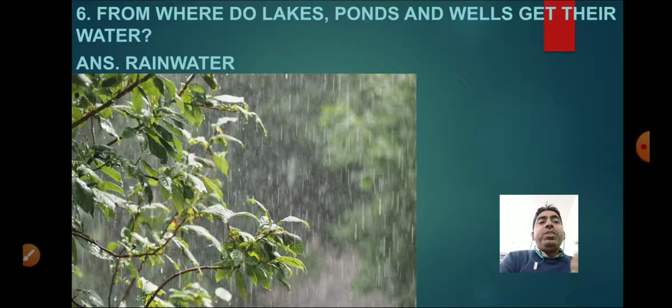Below the ground there is an aquifer, a huge reservoir of water inside the earth. When the groundwater seeps inside, it is collected as an aquifer. So here the source of all the water is rainwater.